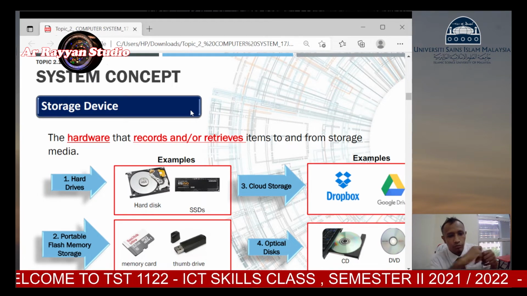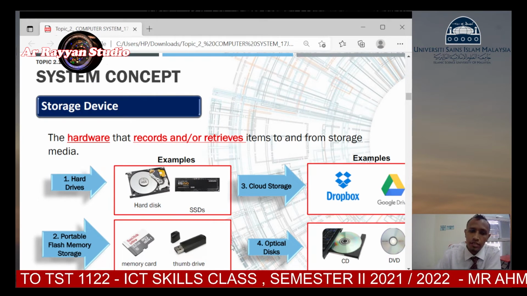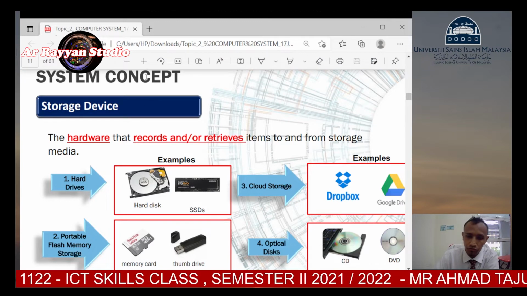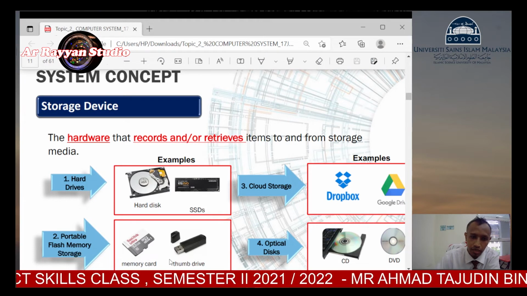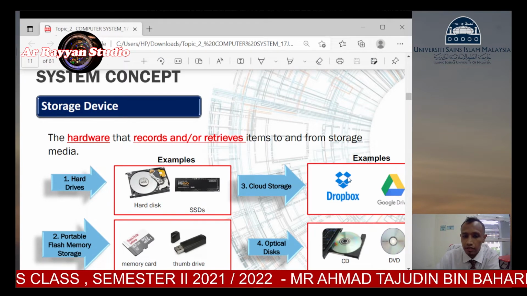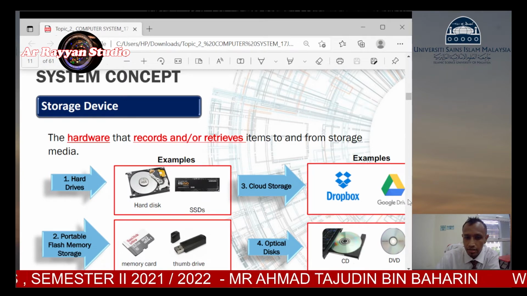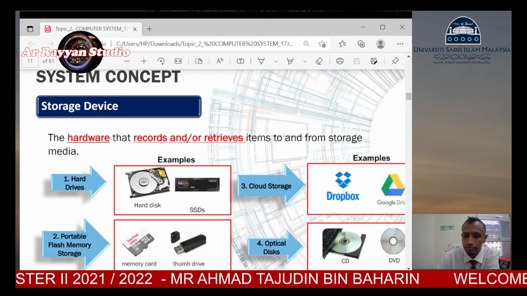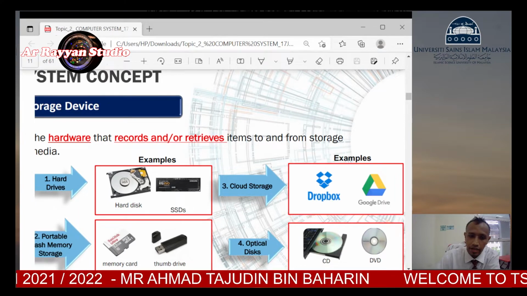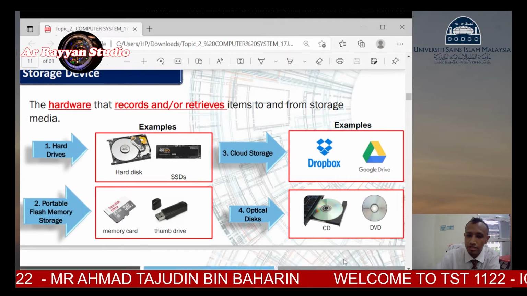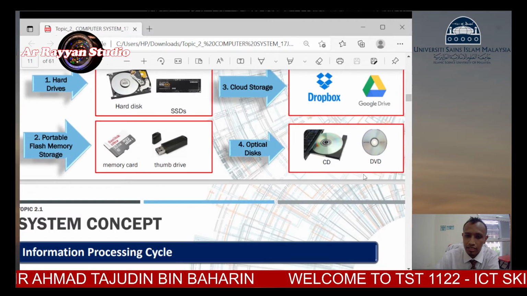And then we have portable memory, or sometimes we call it a flash memory. So we have memory card and thumb drive. Then we have cloud storage, example Dropbox and Google Drive. And last one, optical disc. We have CD and DVD.